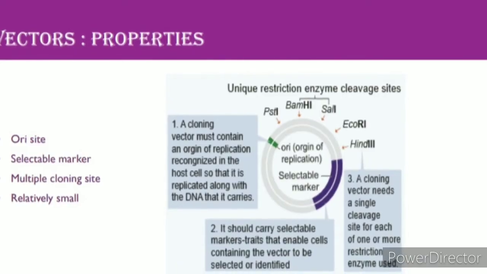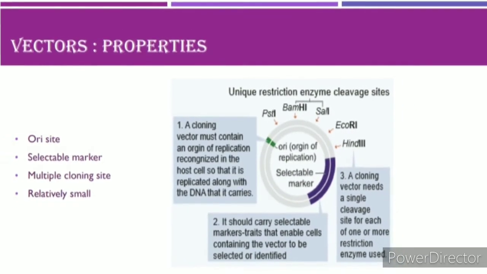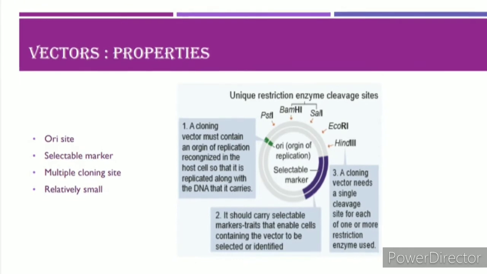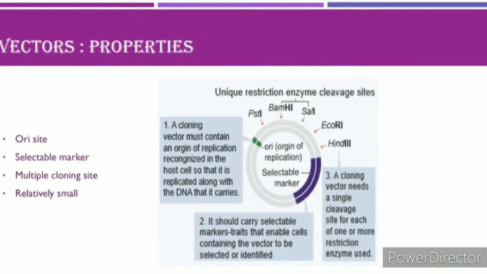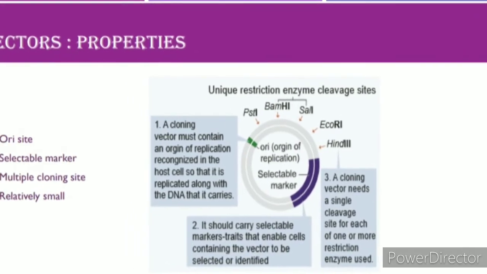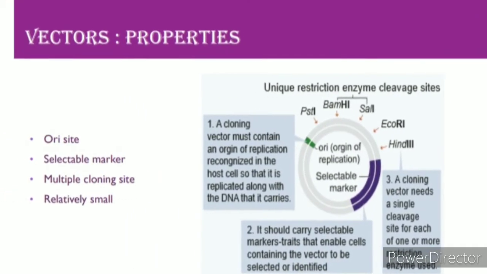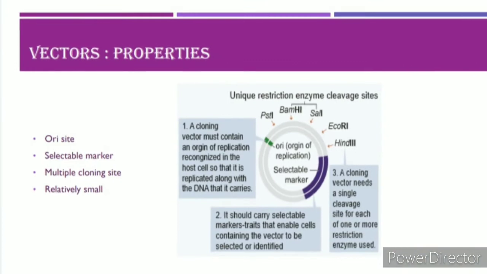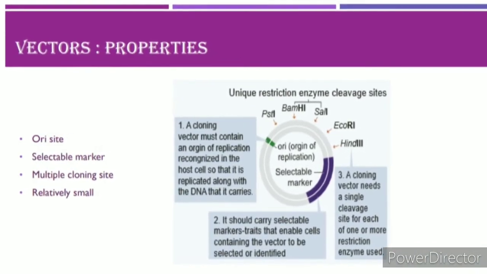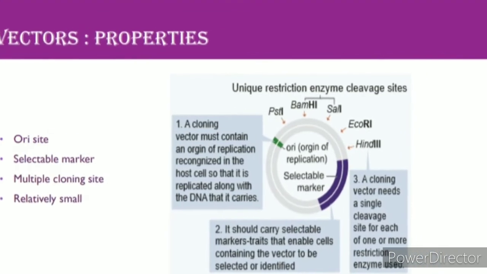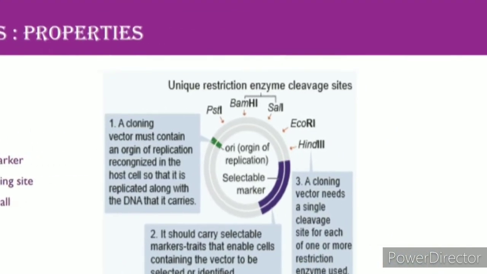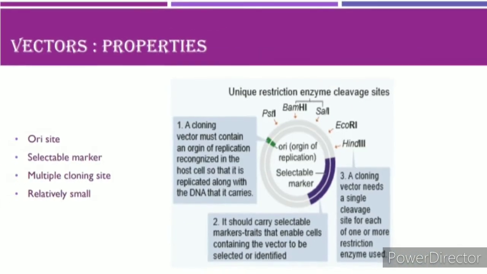Properties of vectors. Vectors are able to replicate automatically to produce multiple copies of themselves along with their DNA insert in the host cell. What do you mean by DNA insert? That is the DNA of the donor organism or the gene of interest. In the previous class, we studied how to prepare insulin. In that, which is the donor or insert?